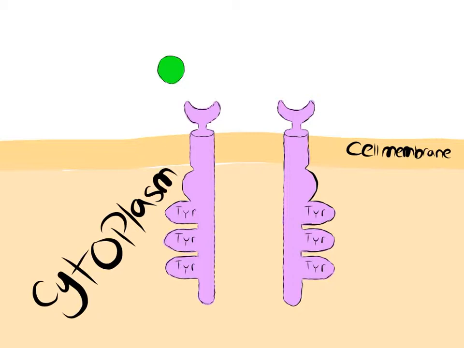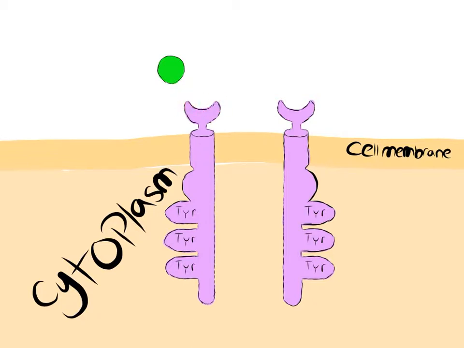Receptor tyrosine kinases are receptor proteins in the plasma membrane that start out as inactive monomers. Here is our plasma membrane, and these are our monomers, two separate monomers sticking out into the cytoplasm. This is our ligand molecule, or signal molecule, which fits only into a specific receptor protein.